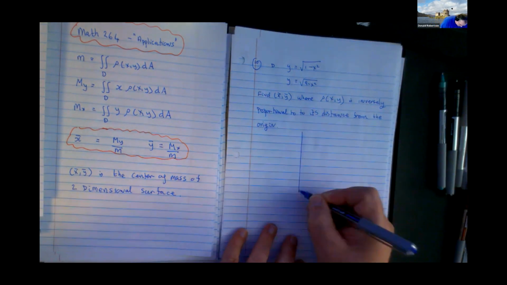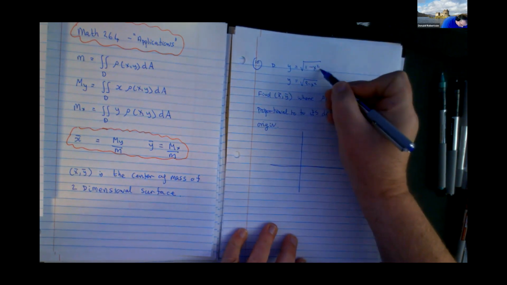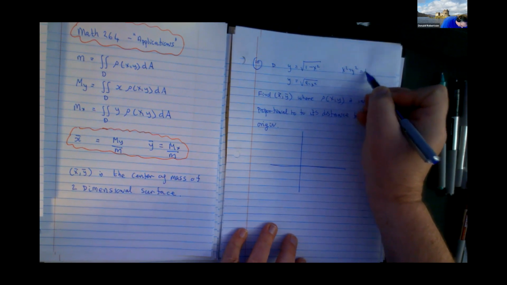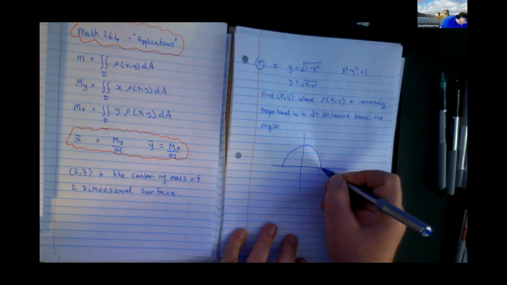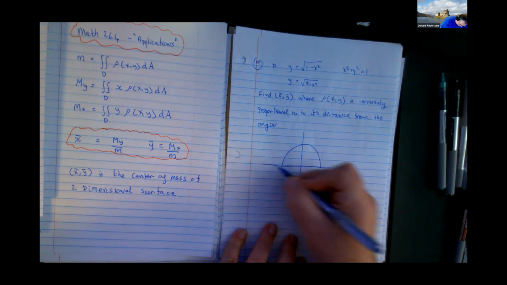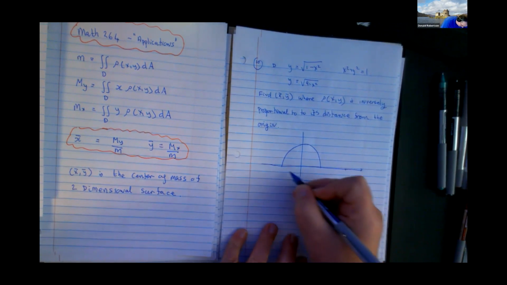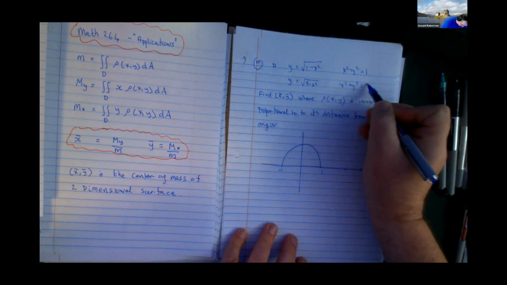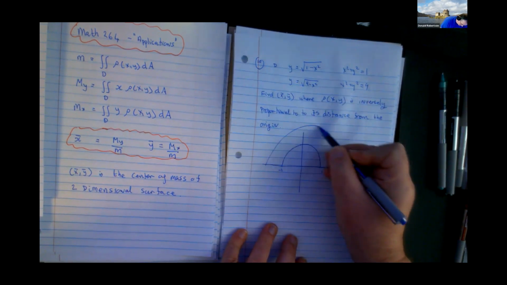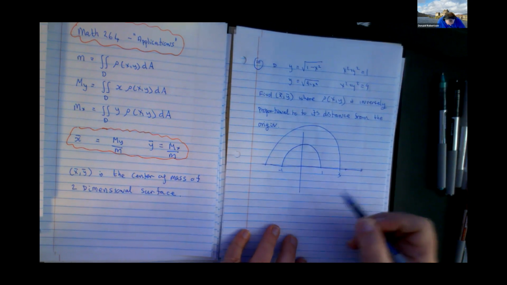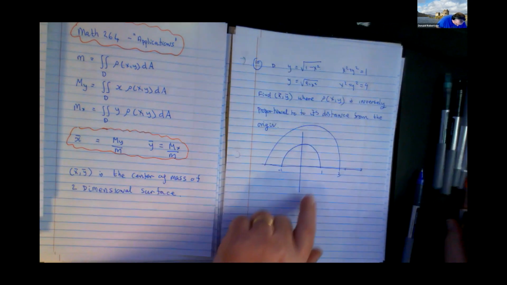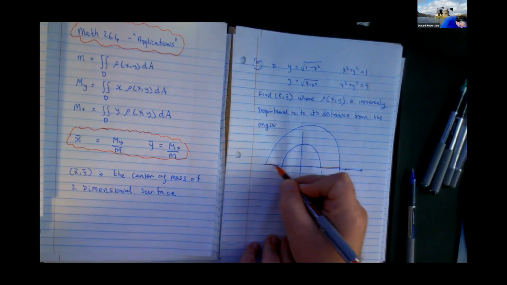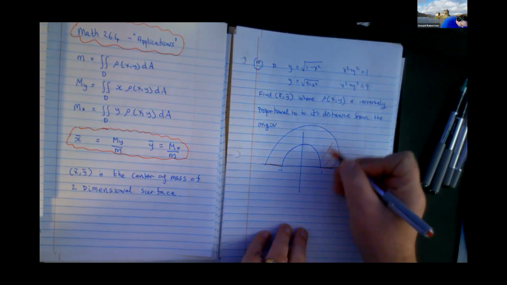So this guy is a circle, if you rearrange it, that looks like that, and goes like that. And the other one is another circle, which if you rearrange it looks like that. Since it's positive, it's only the top half, and they talk about joining it with the x-axis. They're basically just saying do that. So this is the shape for D.